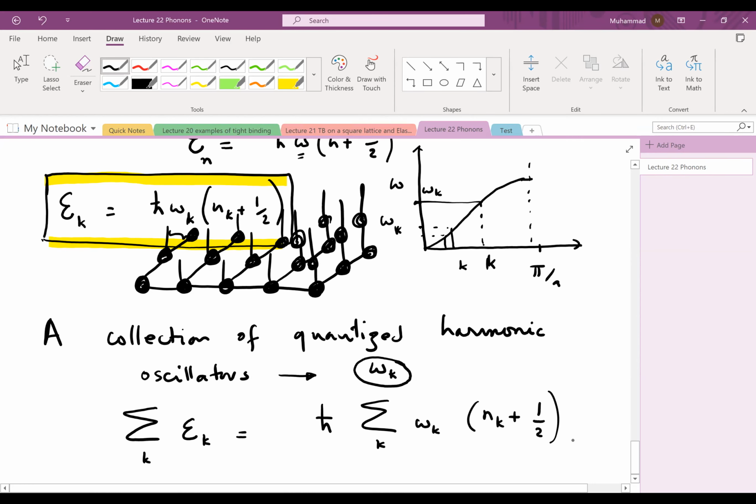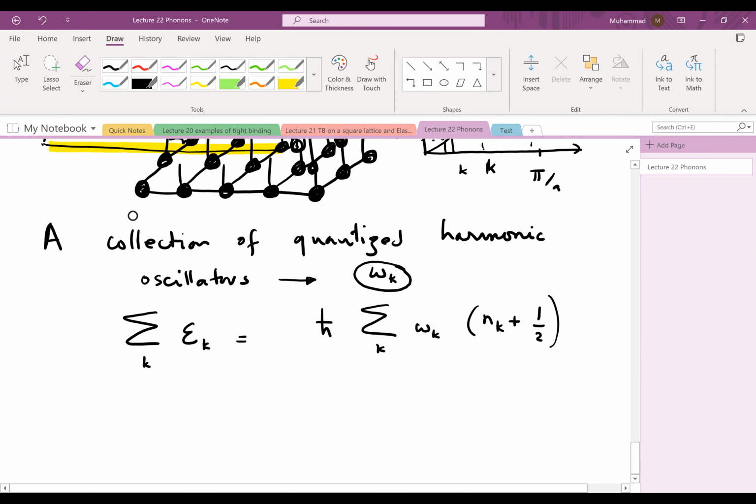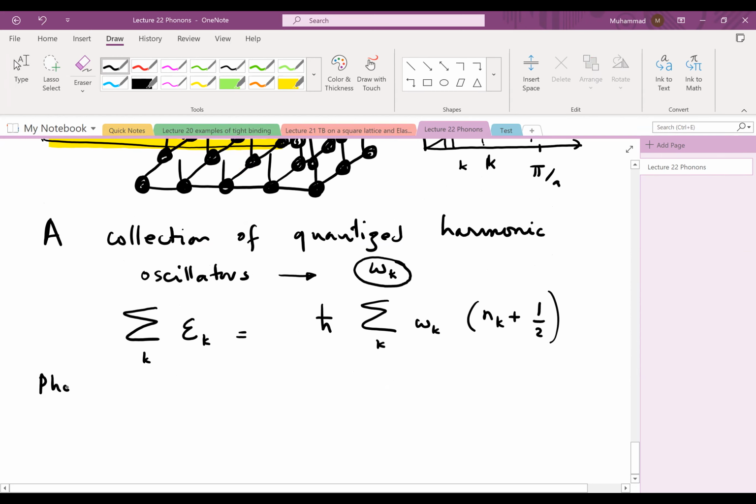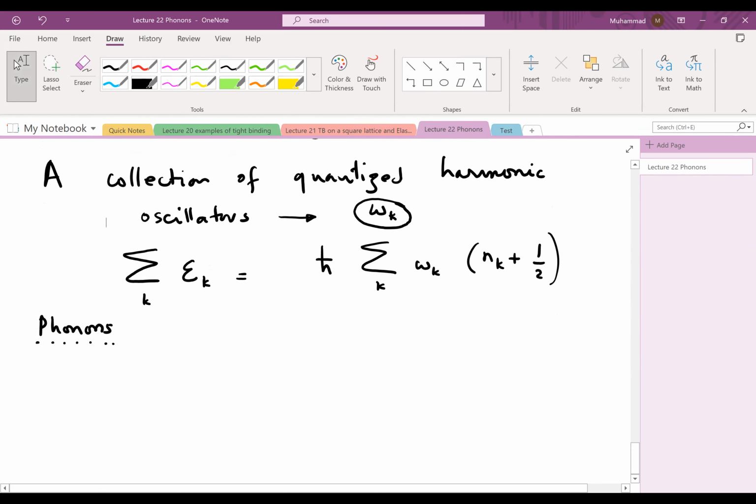Now, what does this have to do with phonons? Now we have to talk about a combined harmonic oscillator. So our overall system is a multi-body system. It's many harmonic oscillators combined together, and they're defined by their normal frequencies omega k.